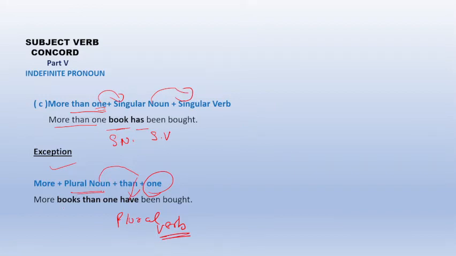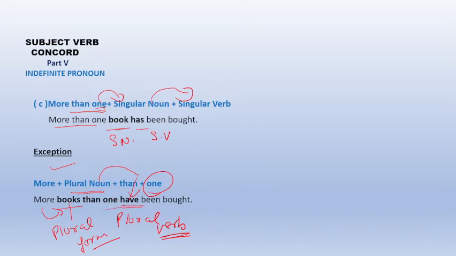When we are having a noun just after more, whatever noun you are having, you will have in plural form only. So that is why we will place a plural helping verb or plural verb.